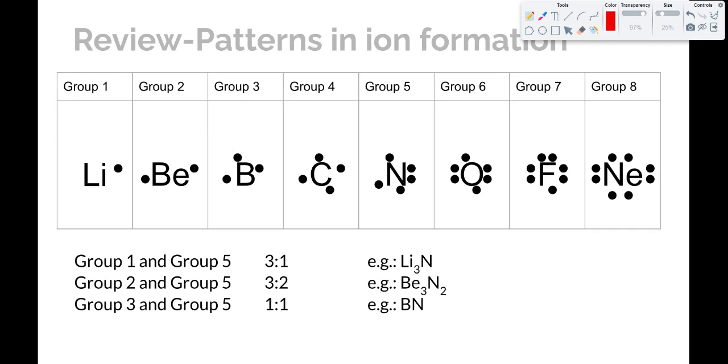If it's a group 2, group 2s have 2 electrons to release. Group 5s need 3 electrons. So you're going to have 3 group 2s to contribute 6 electrons, and then 2 group 5s can absorb those 6 electrons. So that pattern is going to be Be3N2. And then a group 3 and a group 5, that's a perfect match.